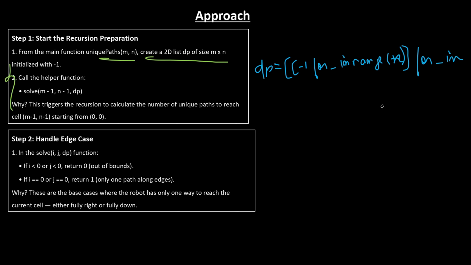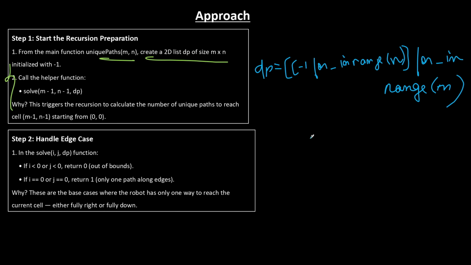Why n there and not m? Because it's an m cross n DP.